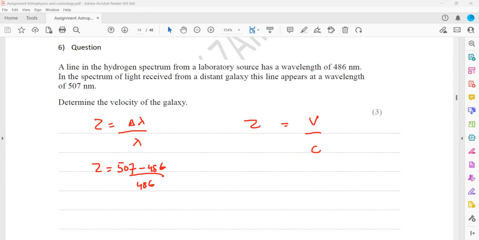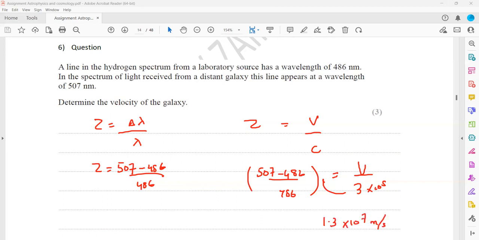And after getting the Doppler shift, times the speed of light, which is 3 into 10 to the power 8, we'll get about 1.3 exponent 7 meters per second. So that's the speed at which this galaxy is moving. Is it clear, this one?